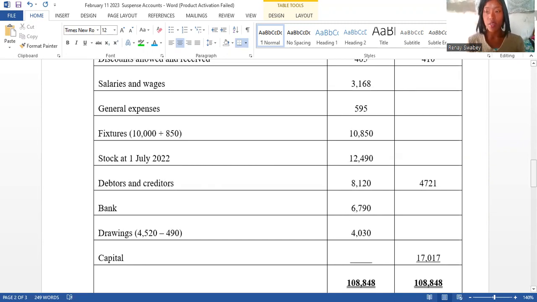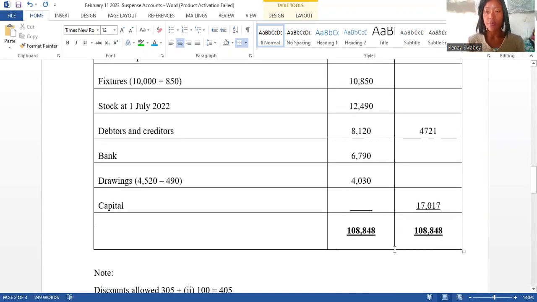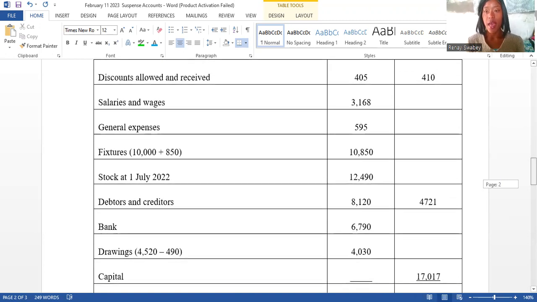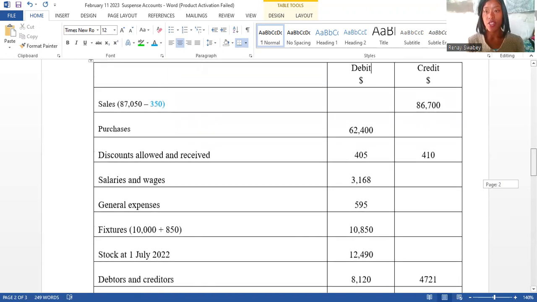Tell me how much you get. Whatever figure you get should amount to all the totals. The totals for these figures should amount to $108,848.